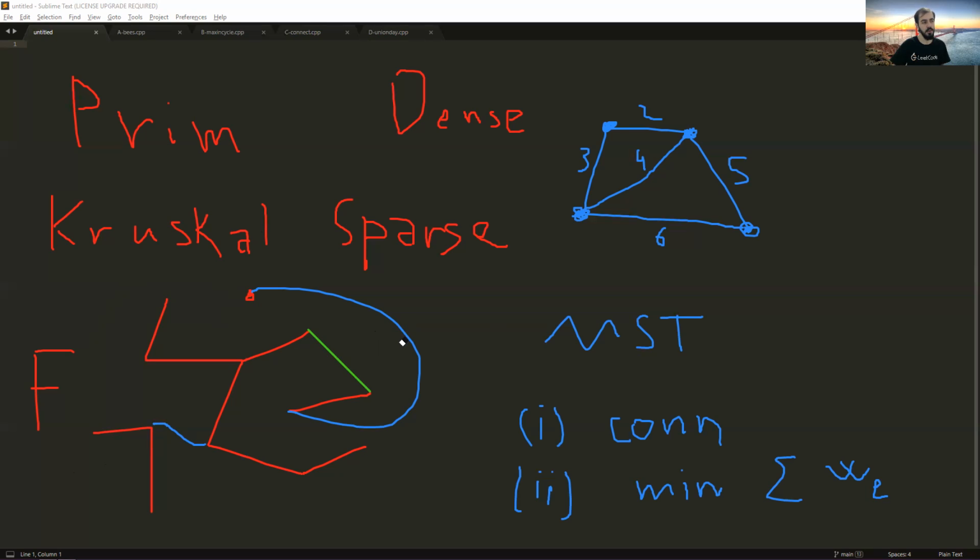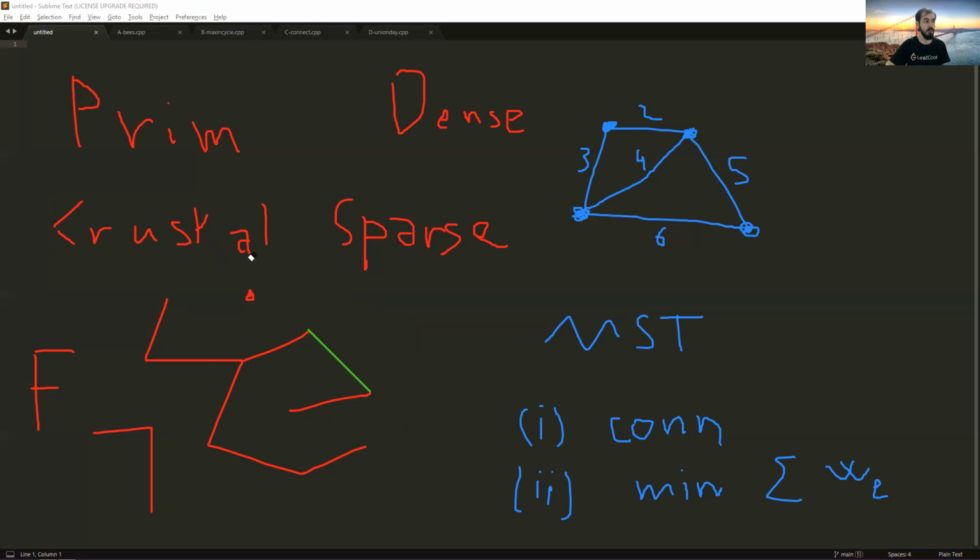So that's why Kruskal's algorithm works. At any intermediate state of the algorithm, it contains some valid subset of edges. This subset can be extended to MST. Okay? I believe this explanation was relatively clear. So now you know how Kruskal's algorithm works.